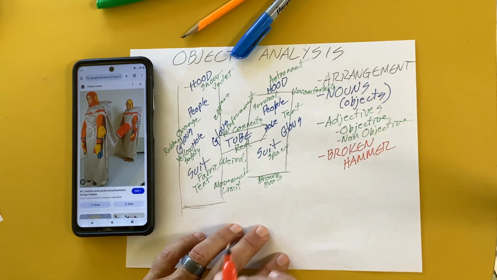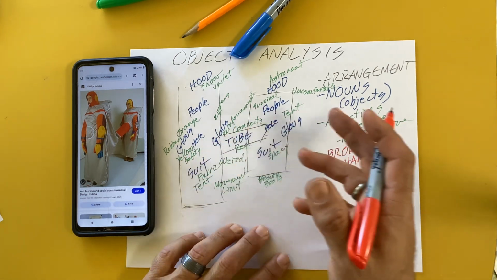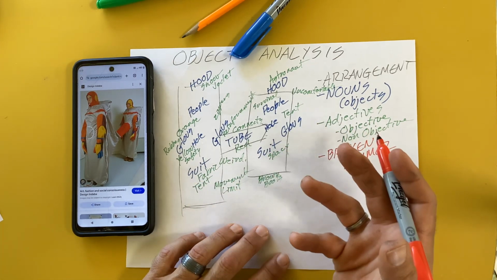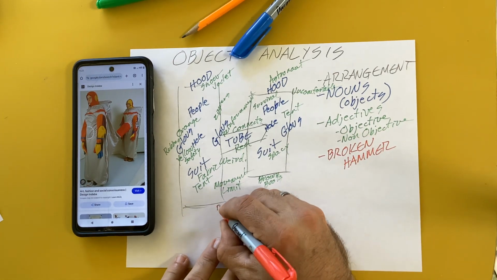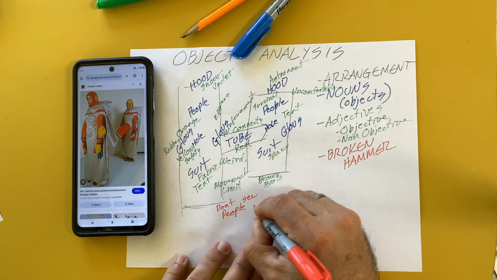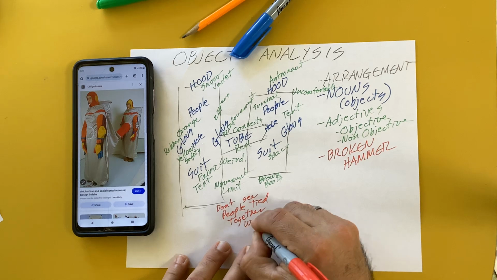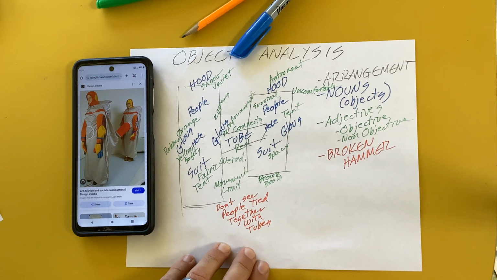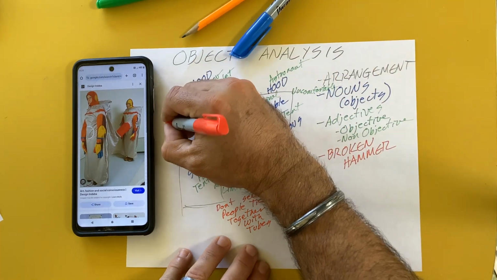The broken hammer is, again, what is it about this work of art that is unusual, that removes it from everyday use, that it's like nothing I've ever seen before, so I can't assume that I know what it's about. So a part of the broken hammer in this case is we don't often see people tied together with tubes.